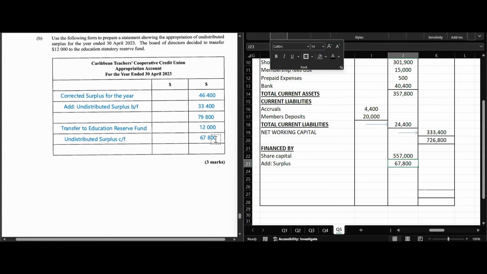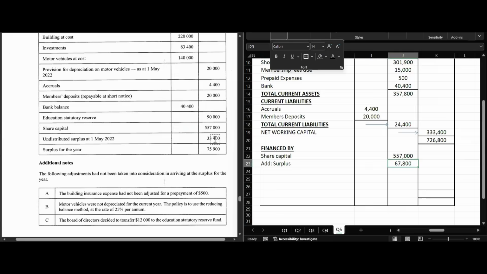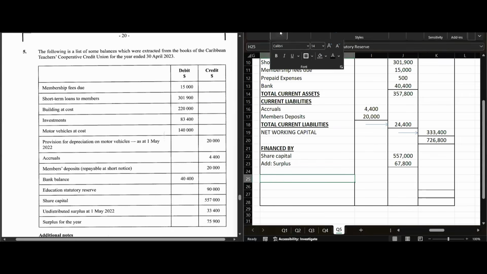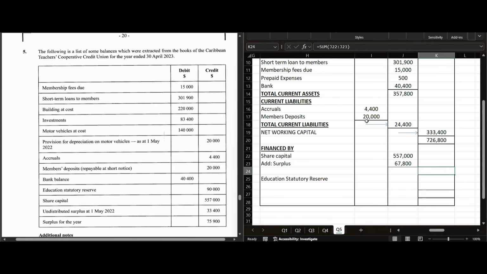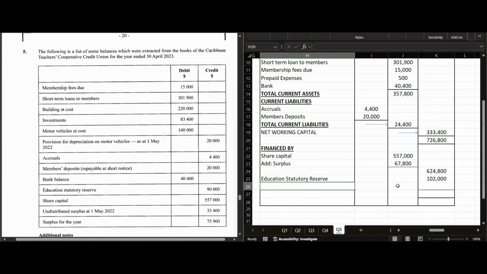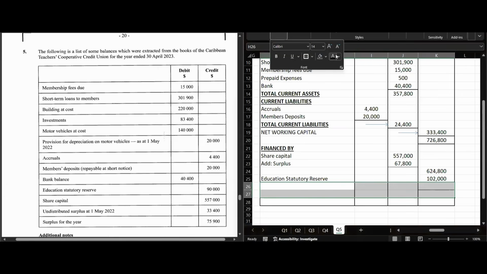That's this one here. See it down there. Nice. And then remember, there was the Education Statutory Reserve Fund that we had to work with. Reserve Fund is now a value of 102,000. And there we go. Add up those values. You should now get your total as being 726,800.